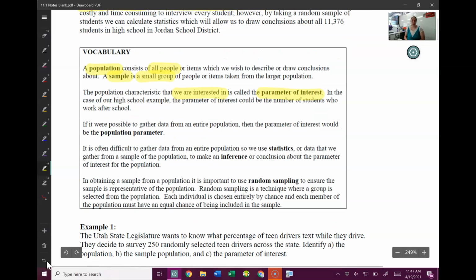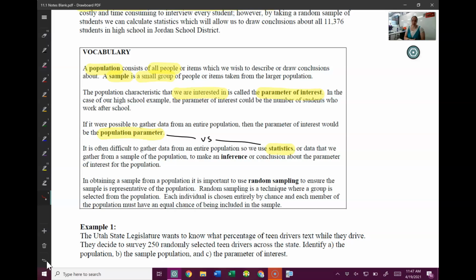Now, a couple other things we want to talk about. A population parameter versus a statistic. Let's go back to all the students in Jordan School District. Let's say I want to now find out their average ACT score. So that is now my parameter of interest, ACT score.